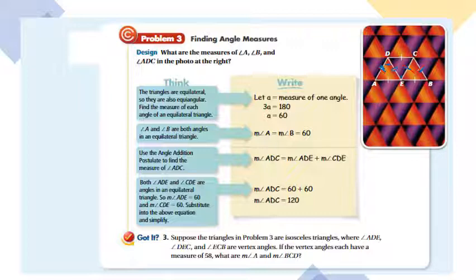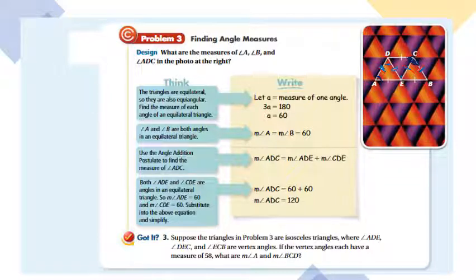And angle ECB is also 58. Okay, so they asked what is the measure of angle A? This is missing. And the measure of angle BCD, this big one.